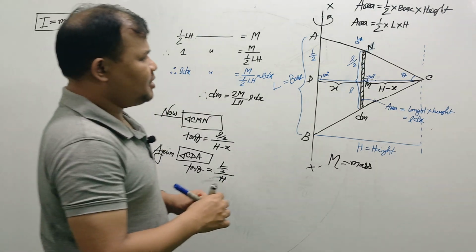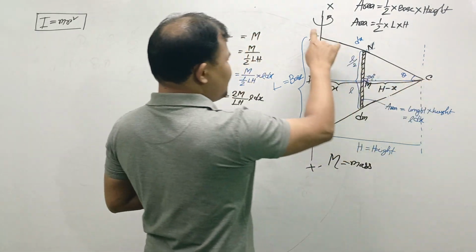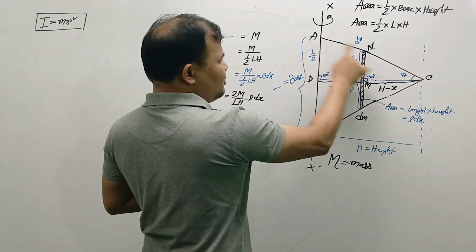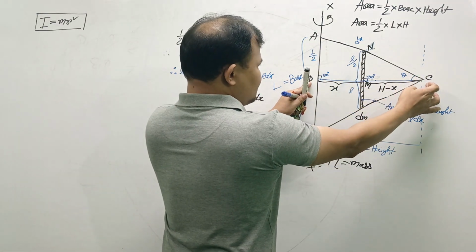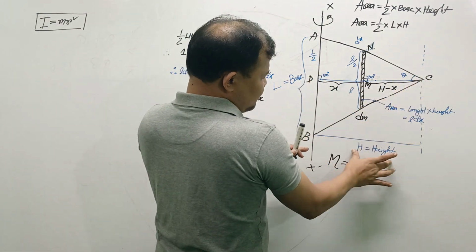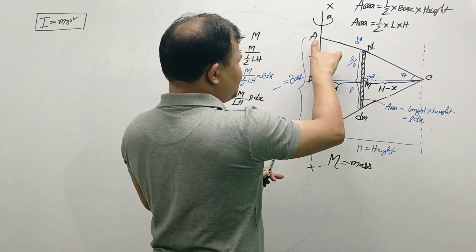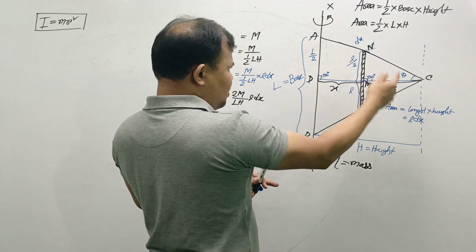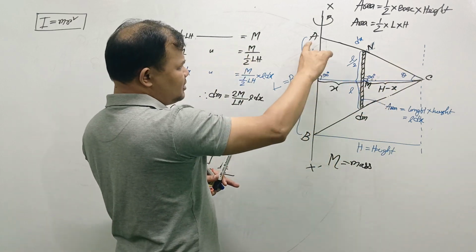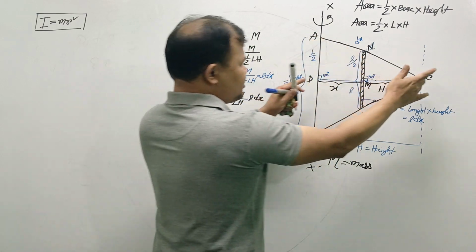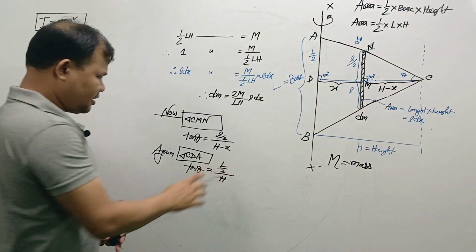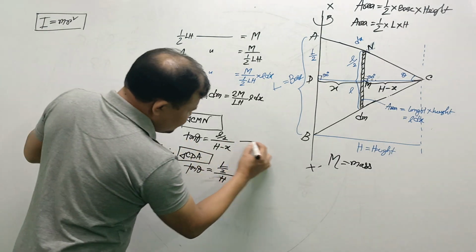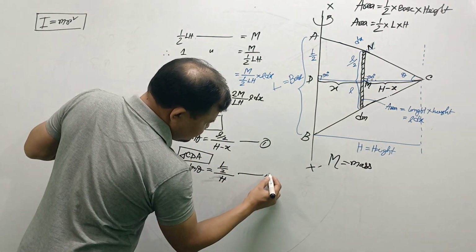If CAD is a right angle triangle, then DC will be the height and this will be the base. So we can write here: this is equation 1 and this is equation 2.